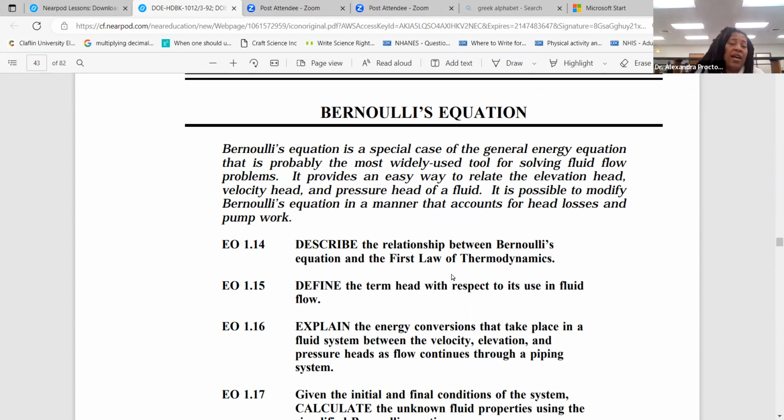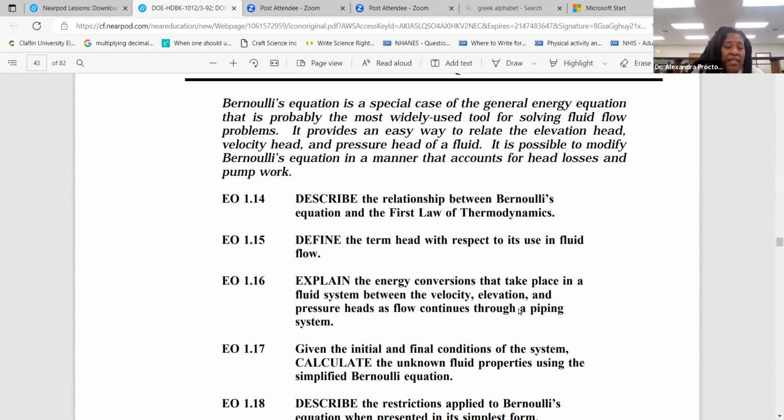We're going to define the term head with respect to its use in fluid flow, and explain the energy conversions that take place in a fluid system between the velocity, elevation, and pressure heads as flow continues through a piping system.